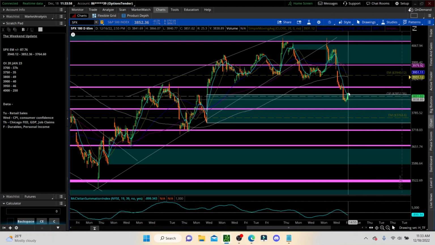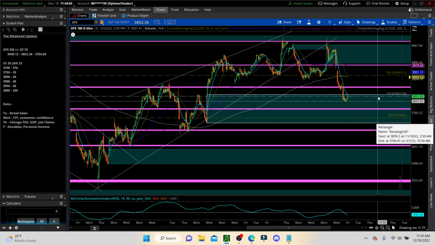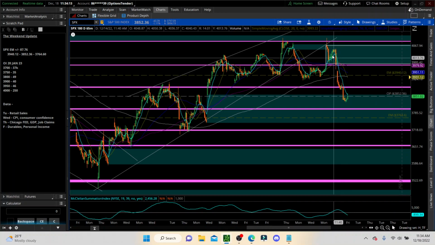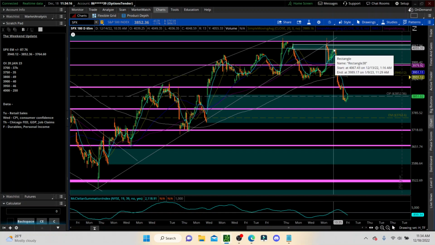So this is probably a little bit of sideways action going into next week, a little bit lower, and then a retracement to bounce and start going much lower at that point. I don't think this wave 1 is complete. Looks like we have a nice large wave 1 here, 1, 2.